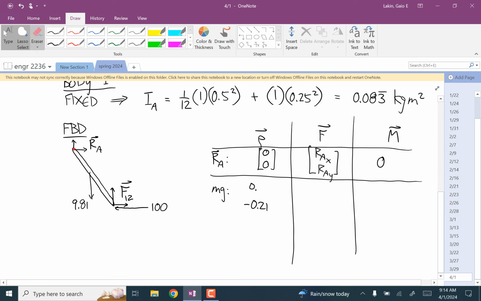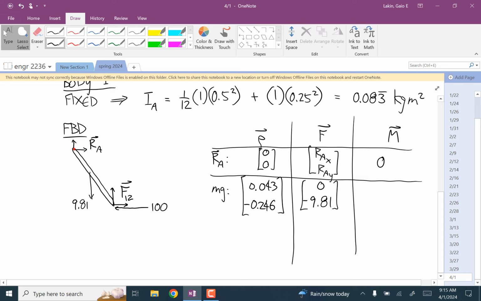I copied the wrong thing at first. Is that what other people got? Yeah. Okay. And then the force vector is 0, negative 9.81.